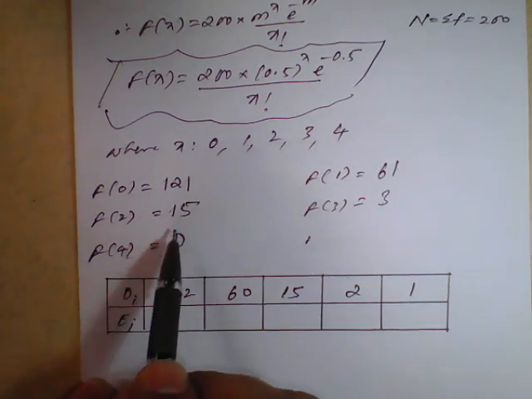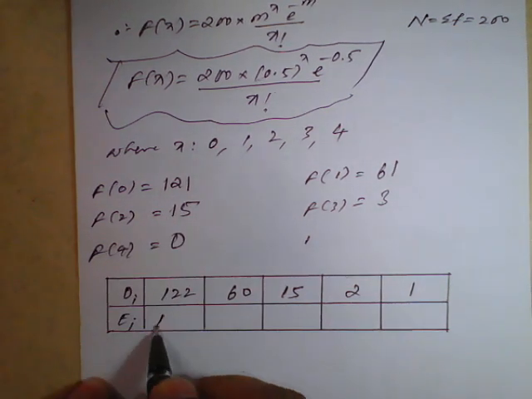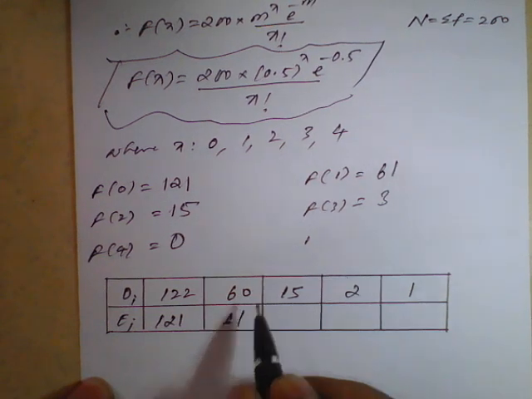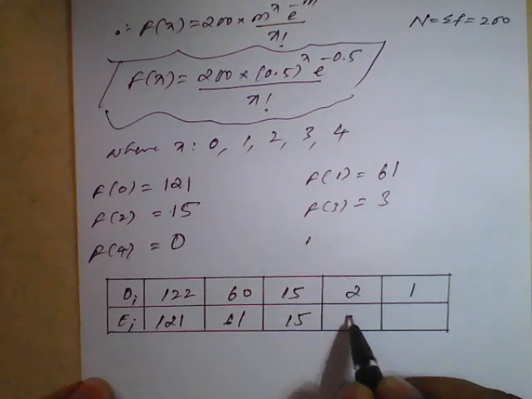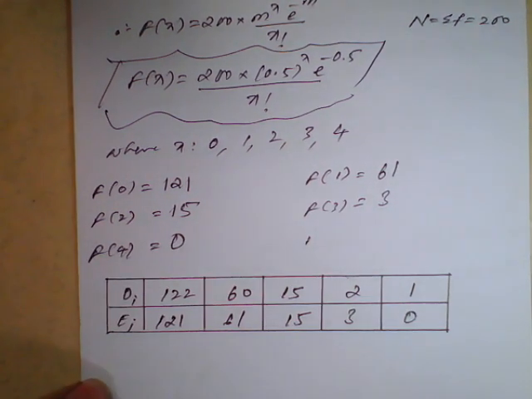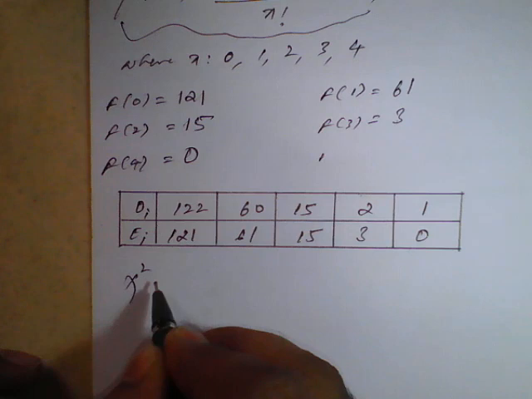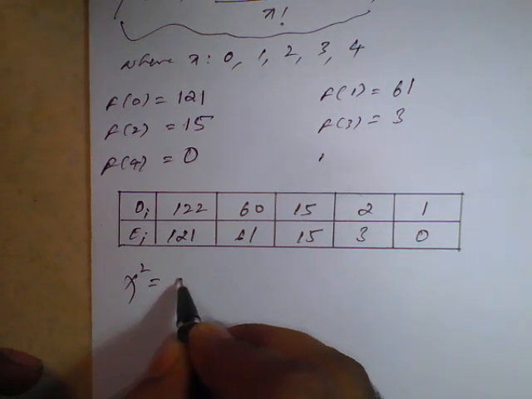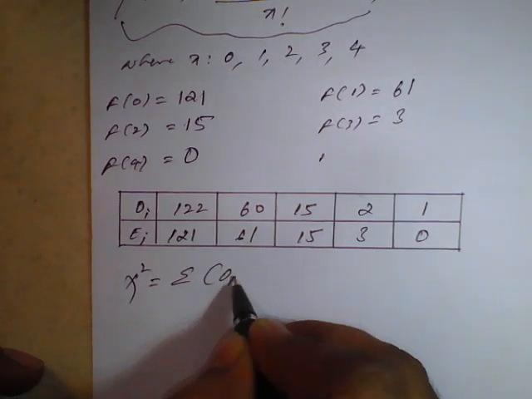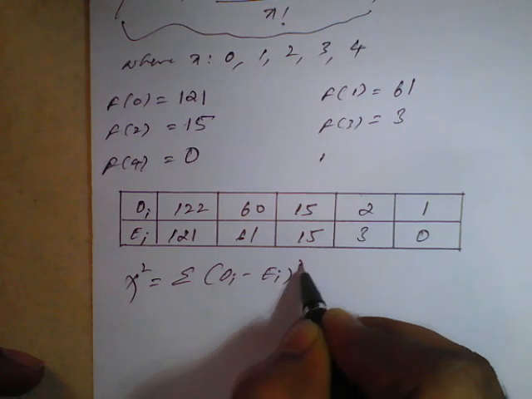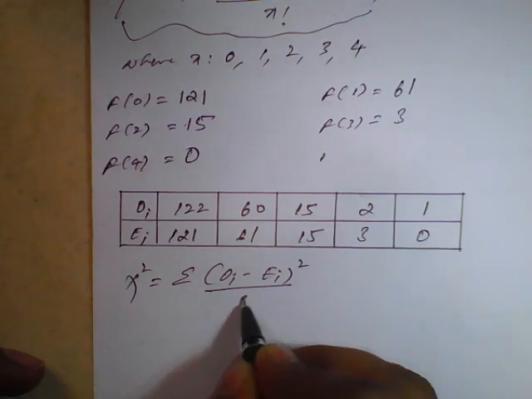And what we got just now from the theoretical we will write here: 121, 61, 15, 3, 0. So by using this we will go for the chi-square formula. Chi-square is equal to summation of (Oi minus Ei) whole square divided by Ei.